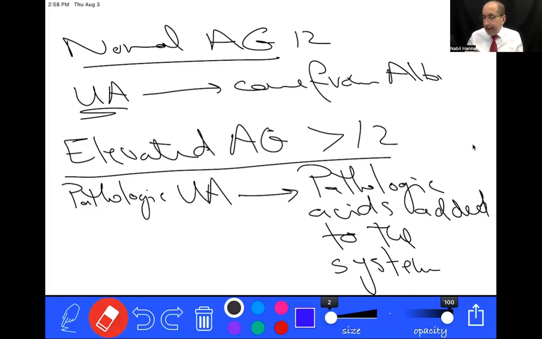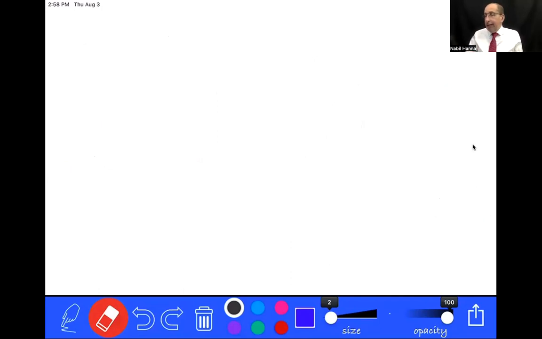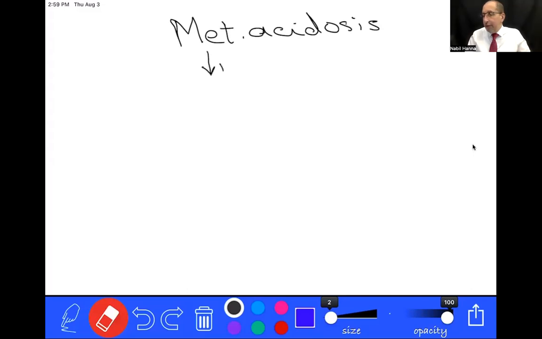Let me explain this again. Let me start now by explaining the two types of metabolic acidosis. To begin with, metabolic acidosis. In metabolic acidosis, what do we have? We have low pH and low bicarbonate.